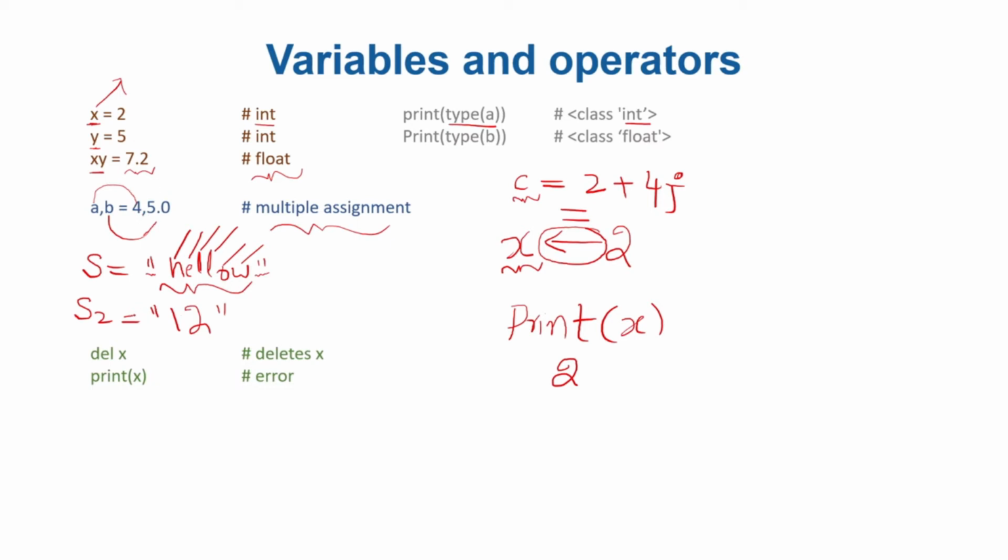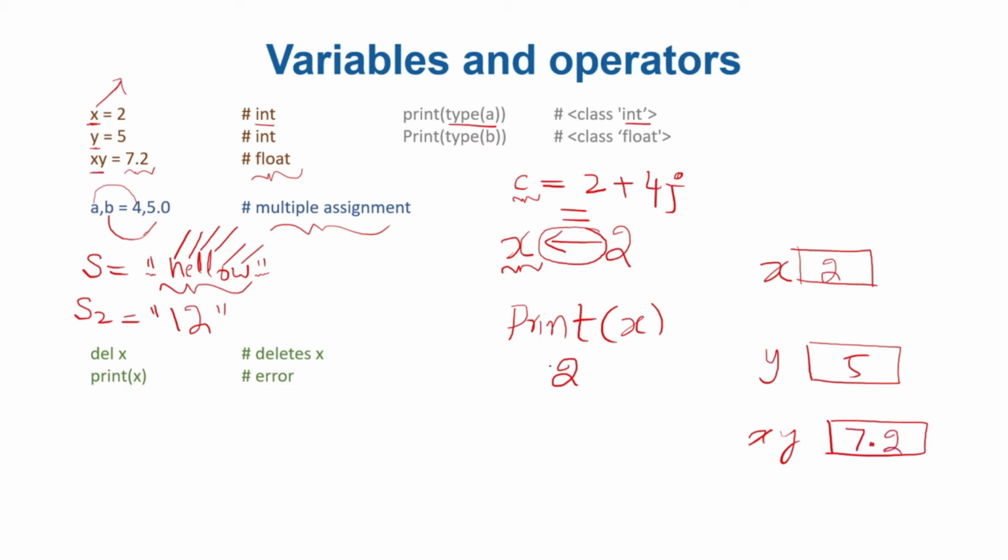Once you have declared a lot of variables, they stay in memory and occupy a particular space inside the memory. For example, x is just a label to a memory location. Inside the memory there is 2 located somewhere. Similarly, y is also located somewhere in memory, and similarly xy is also located somewhere in memory, and this is the data inside that memory.